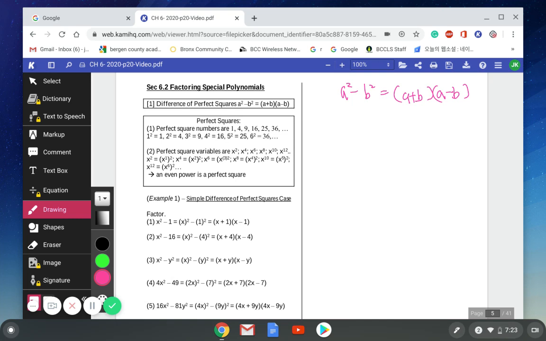It's almost like a formula for when something squared is minus another one squared. So it has to be in squared format, or be able to change into squared format, and it has to be minus in between.